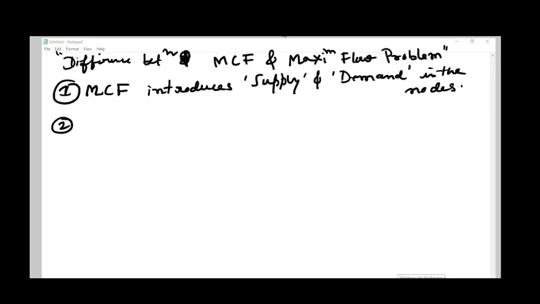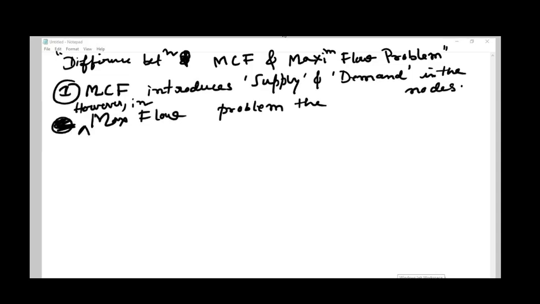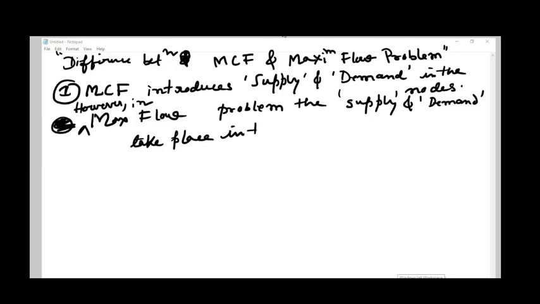Second point, however, in the max flow problem the supply and demand take place in terms of source and sink.